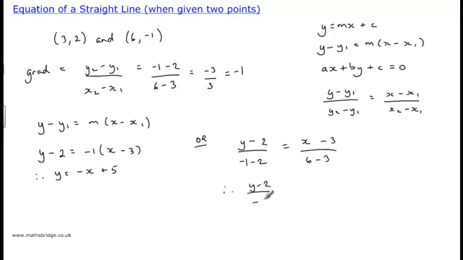Therefore (y minus 2) over minus 3 is equal to (x minus 3) over 3. Multiplying through by minus 3 and cancelling gives us y minus 2 is equal to minus (x minus 3), and again rearranging we have y equals minus x plus 5.